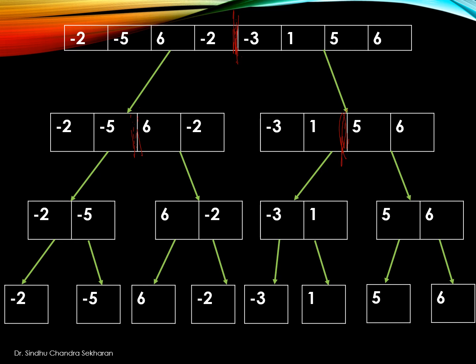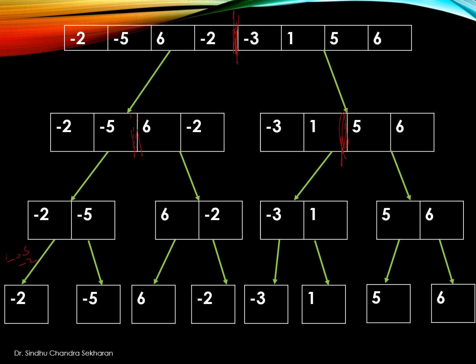Now, as I told, we have to consider left subarray sum, right subarray sum, and crossing subarray sum. Now, from this individual unit, all I need to do is find out the greatest subarray sum. So when I only have one element, then the LSS, which is left subarray sum, is going to be -2.